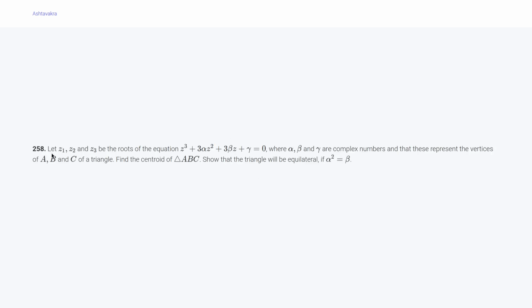Question 258 says let Z1, Z2 and Z3 be the roots of the equation Z cube plus 3 alpha Z square plus 3 beta Z plus gamma is equal to 0, where alpha, beta and gamma are complex numbers, and that these represent the vertices A, B and C of a triangle. Find the centroid of triangle ABC. Show that the triangle will be equilateral if alpha square is equal to beta.